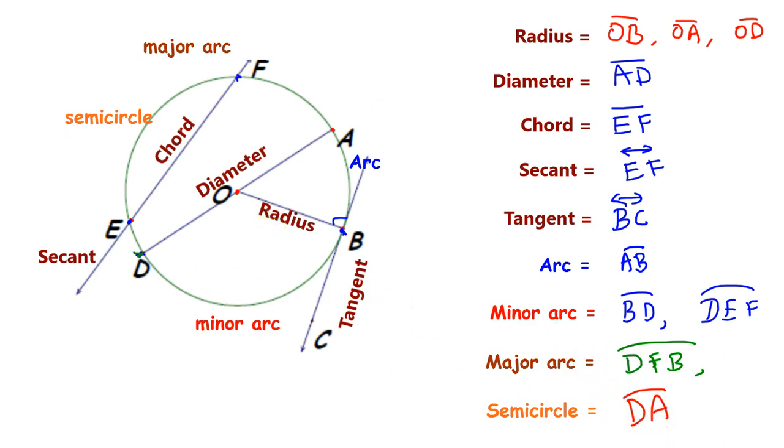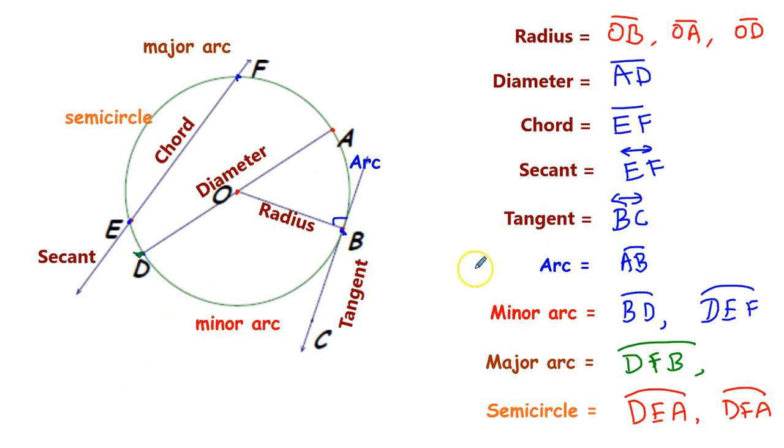So instead of writing D to A, what is the best way? I'll write DEA. DEA is a semicircle. The same DEA, we can also take as DFA. DFA is the same semicircle. And this side, if you want to write it down, I can say DBA, right? That is the other one, all right?